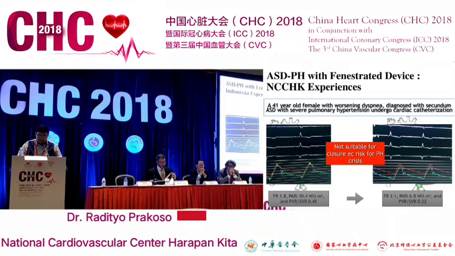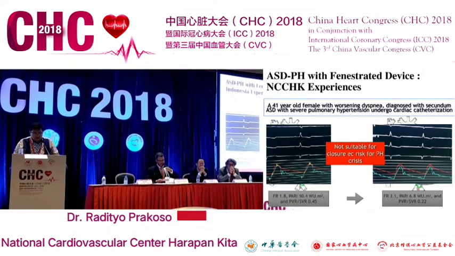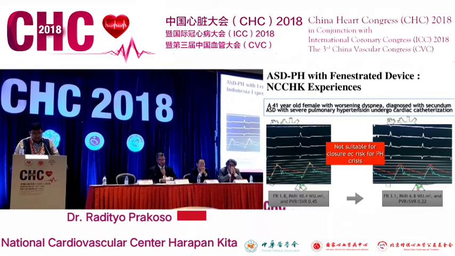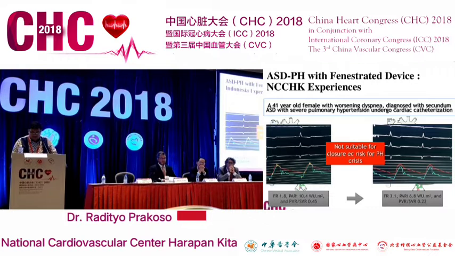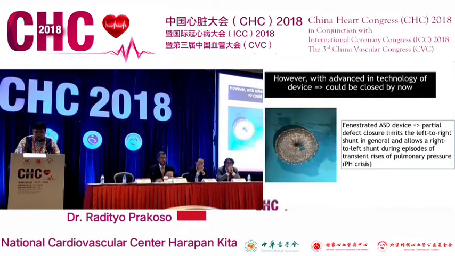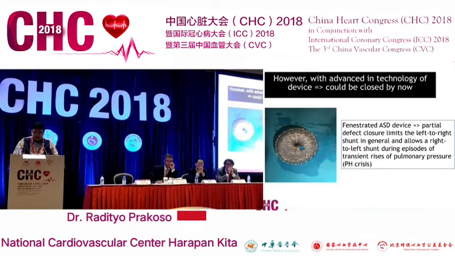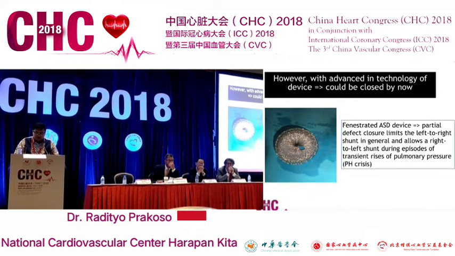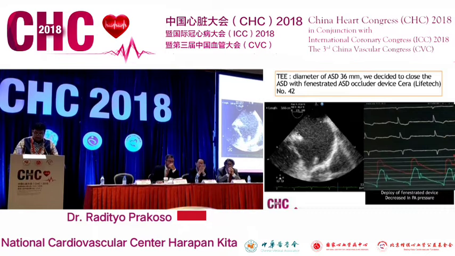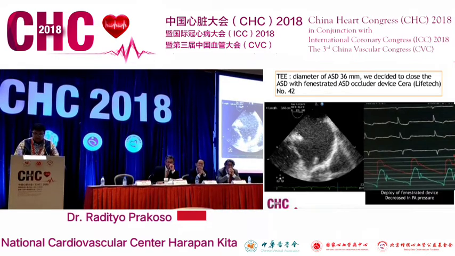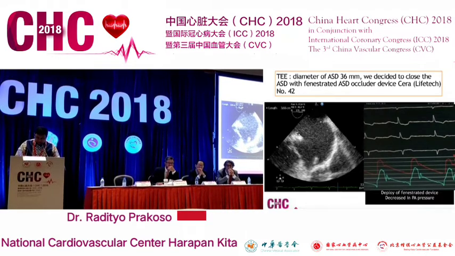As you can see, the pressure, the red one is the aortic side, and the blue one is the pulmonary one. So that's before the procedure. So we use the fenestrated device, a manufactured device. So this is the TEE, and then you put the device from the right vein.